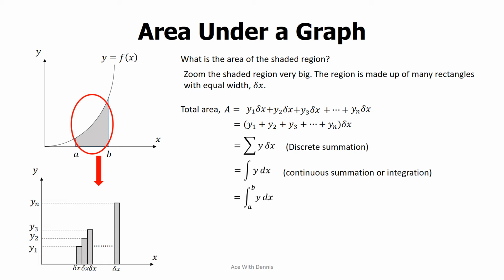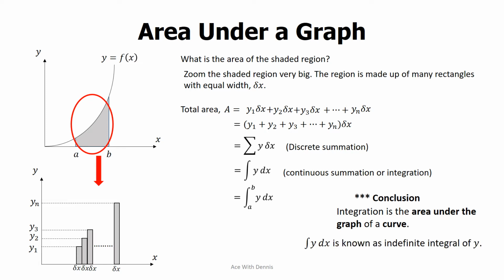So we can write the equation to be the integration from a to b of y dx. From here, we can make the conclusion that integration is the area under the graph of a curve. The integration of y dx is known as the indefinite integral of y.